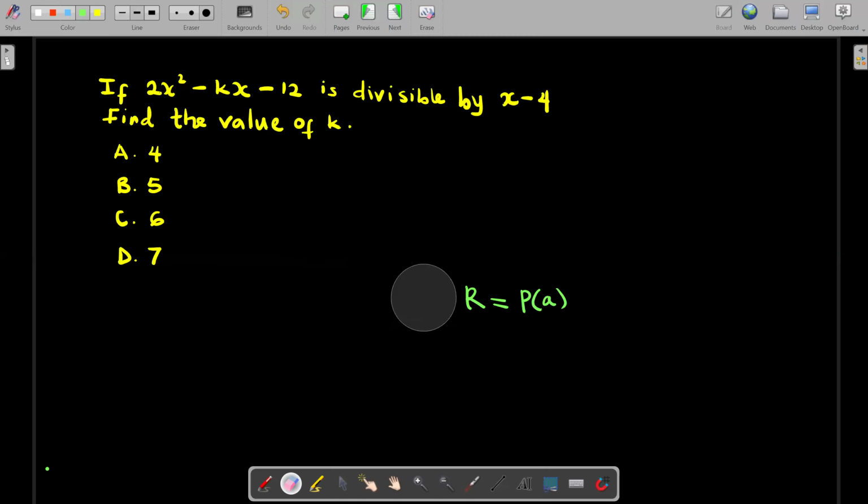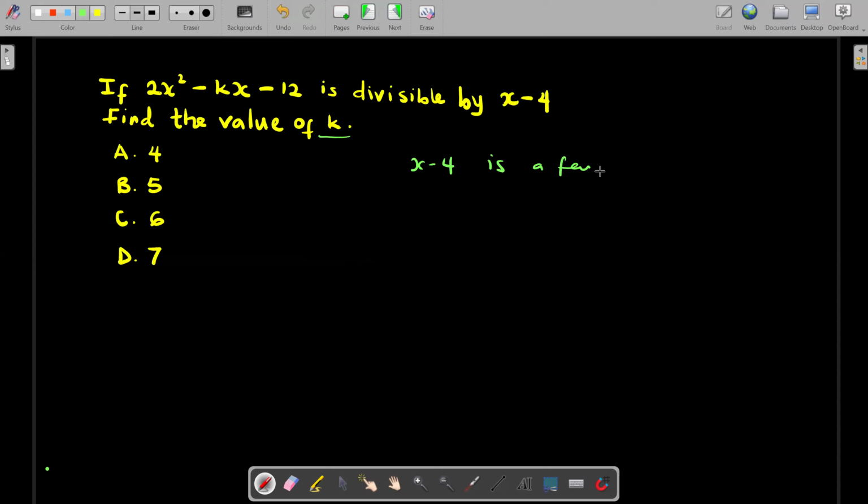Since the question wants us to find the value of k, and we have this expression, we have been told that it's divisible by this. And if it is divisible by this, it implies that x minus 4 is a factor. And if x minus 4 is a factor, it implies that the remainder, when you substitute 4, is going to be 0.